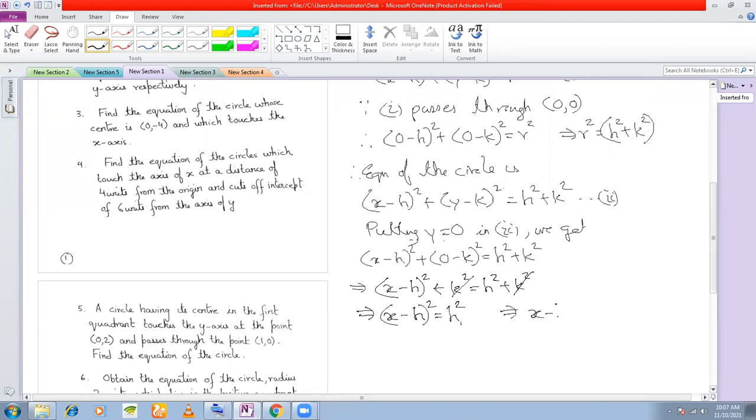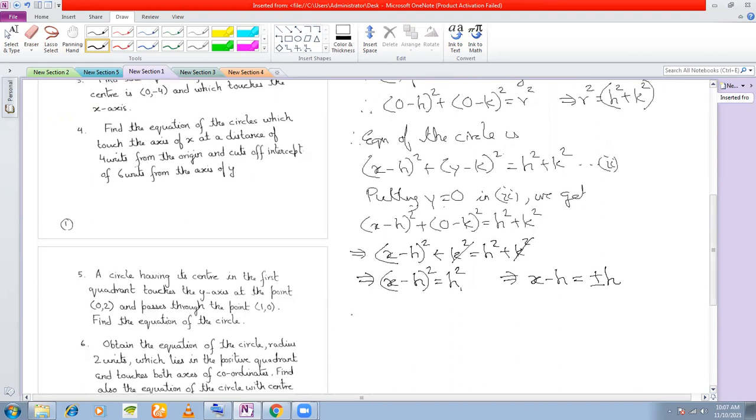That means x minus h is equal to plus or minus h. So either x is equal to h plus h if you take the positive sign, or x is equal to h minus h. That means either x is equal to 2h or x is equal to 0.